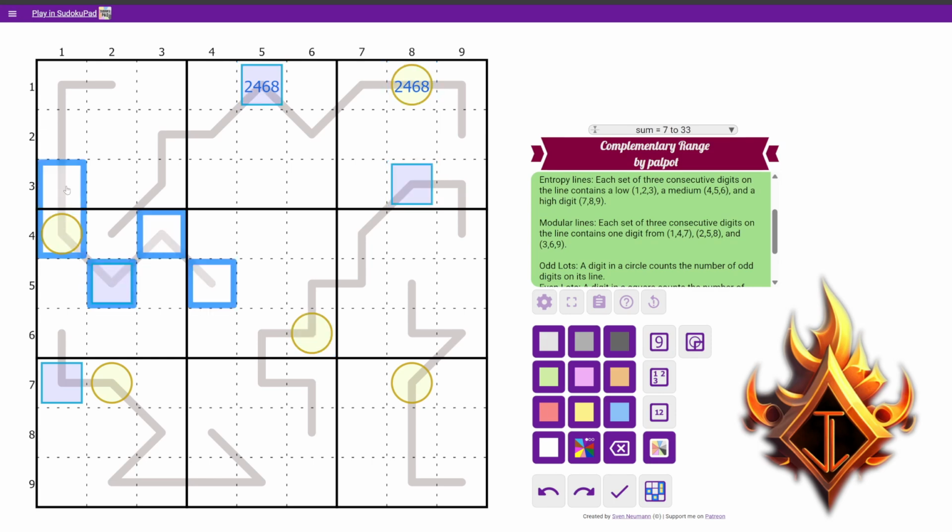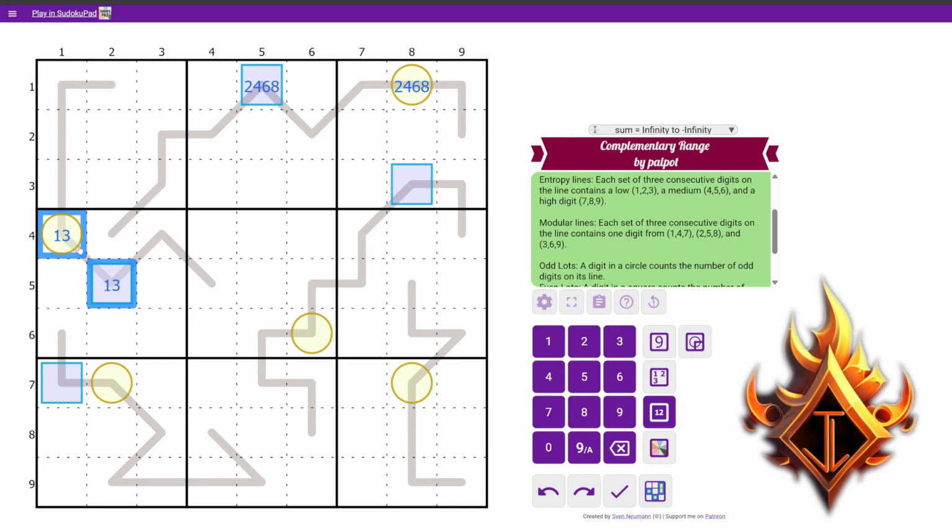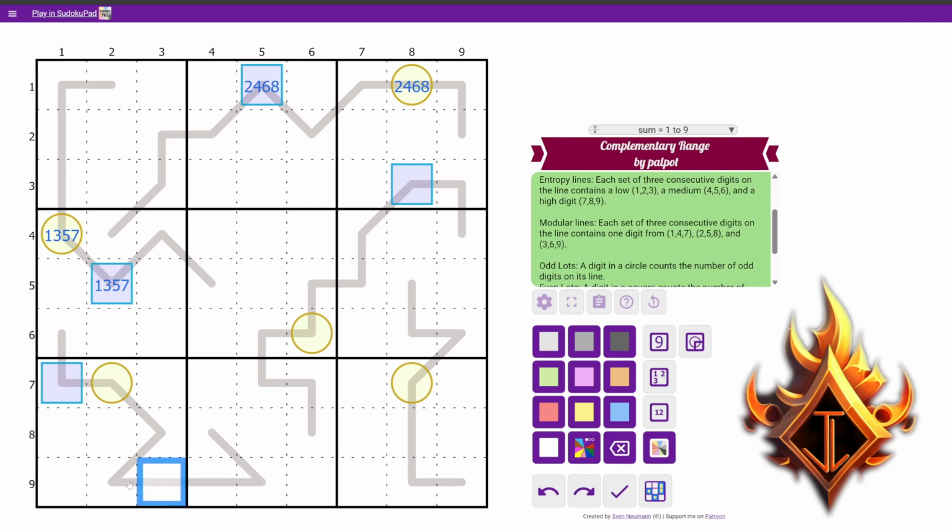So the only other way to get 8 when we're adding 2 numbers is if they are both odd. And there won't be 9 because there's only 8. So it'll be 7, 1 or 3, 5. 1, 2, 3, 4, 5, 6, 7, 8, 9.